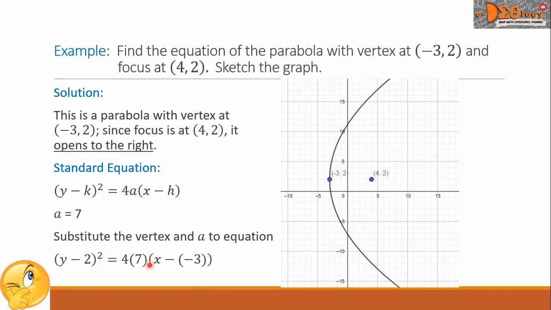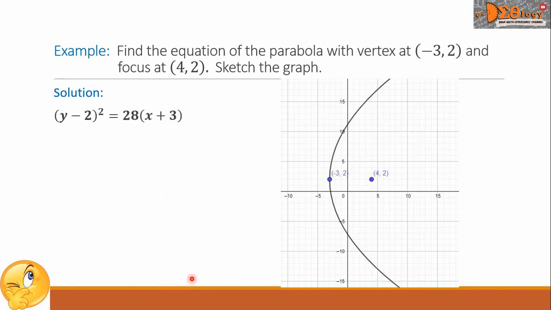So we have now x minus negative 3. Simplifying further, 4 times 7 is 28, and x minus negative 3 becomes x plus 3. So this is now the equation that we are looking for.